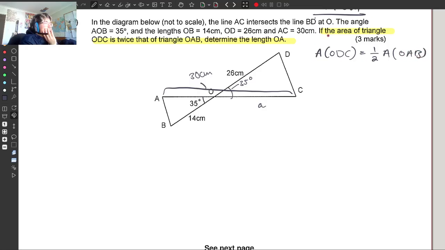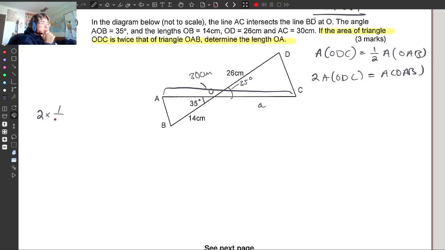Right? Because the area of triangle ODC is twice that, so you can say 2A of OAB is equal to A of ODC. They're the exact same thing. I'm just gonna use the second one because I think it'll be easier.